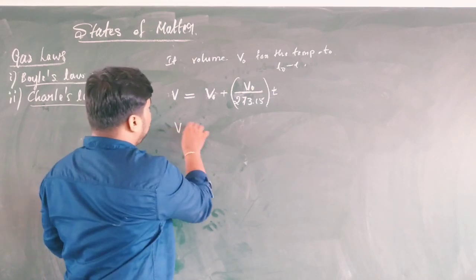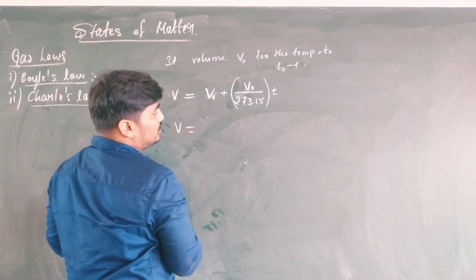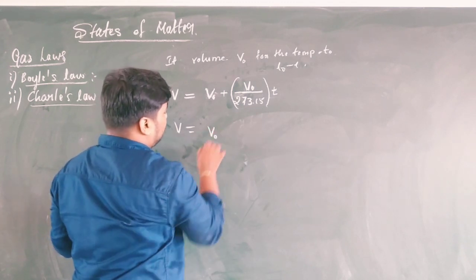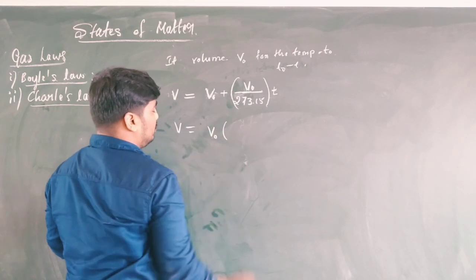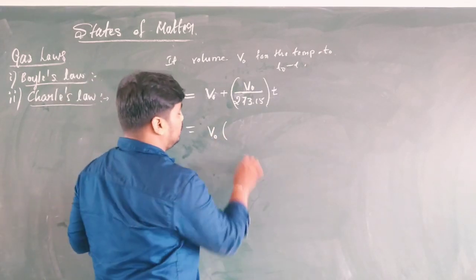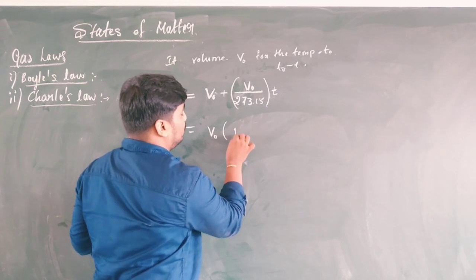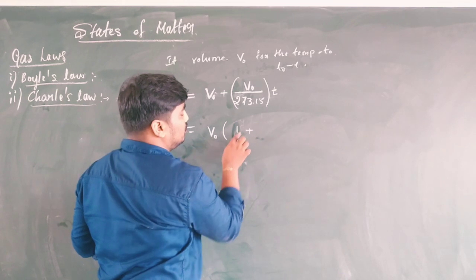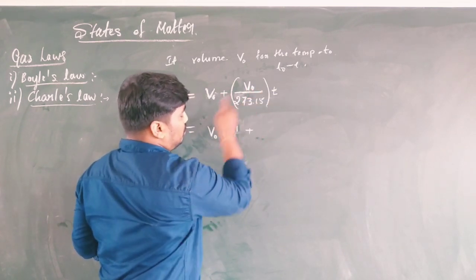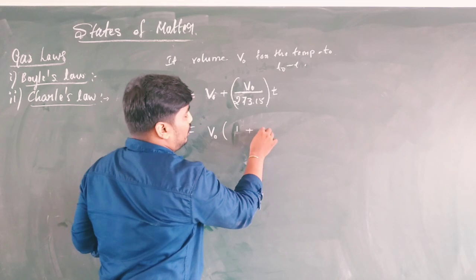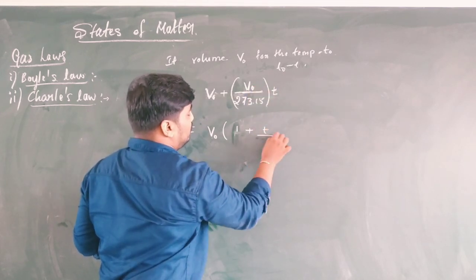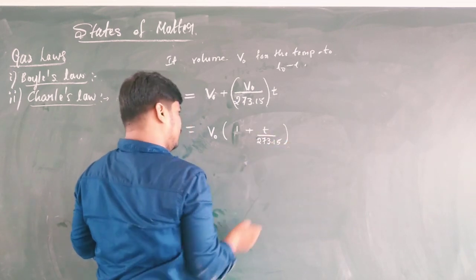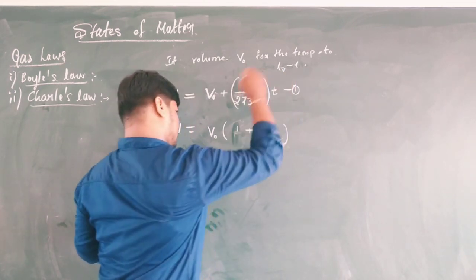Now V is equal to, when we simplify this equation, V naught is a common factor. What is the simplified equation? Can anybody guess? V is equal to V naught times 1 plus T divided by 273.15. Suppose it is equation number 1.